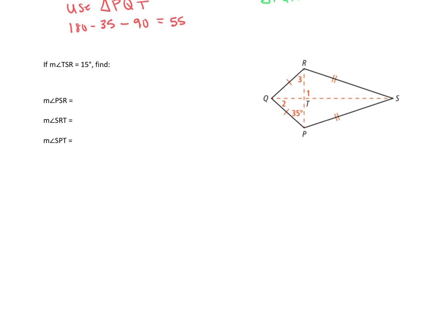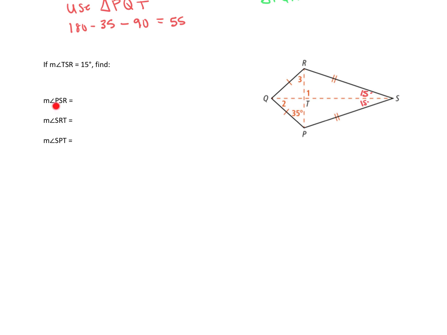Let's go ahead and label that angle 15 degrees. Another thing to know about a kite is that the angles at this vertex and this vertex are bisected because of these perpendicular segments, these perpendicular bisectors. So if that's 15 degrees, that makes this 15 degrees as well.